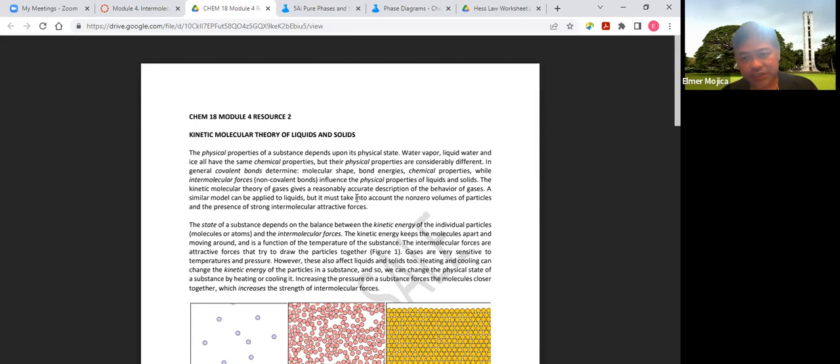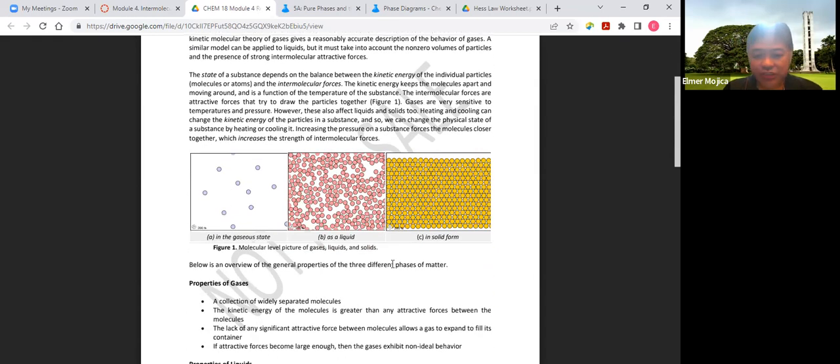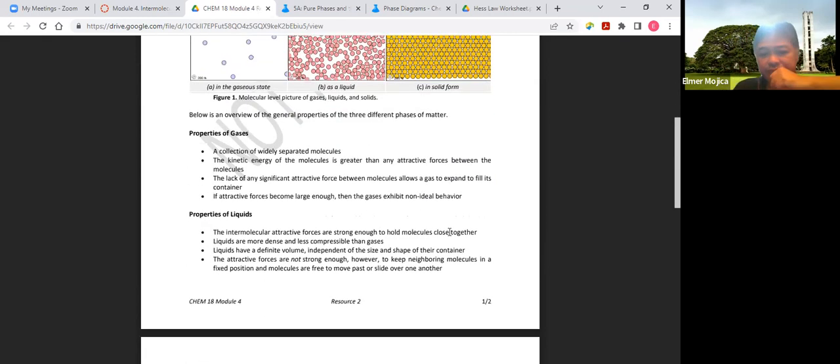And that is the basis for the instrument known as IR and Raman, yung tinatawag naming vibrational spectroscopy. Okay? So you can still apply your kinetic molecular theory in liquid and in solid form.